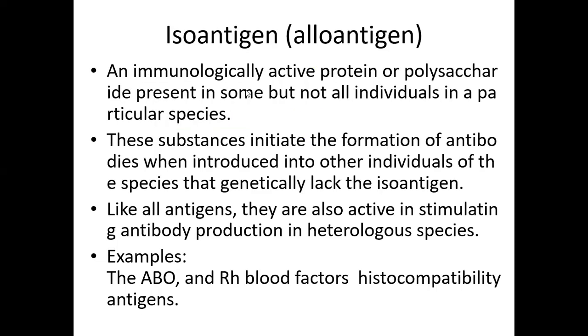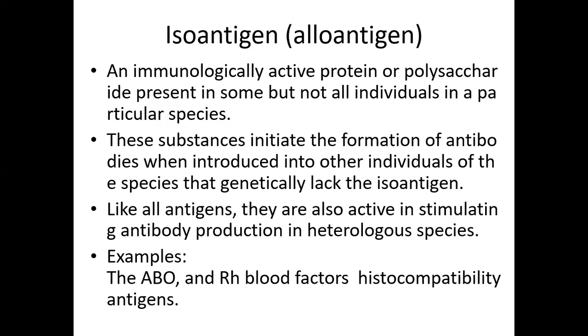And also isoantigen or alloantigen, an immunologically active protein or polysaccharide present in some but not all individuals in a particular species. This substance initiates the formation of antibody when introduced into individuals of the species that genetically lack the isoantigen.